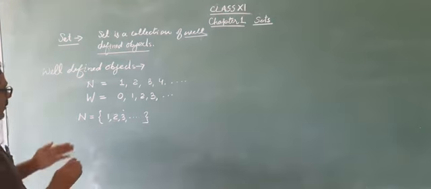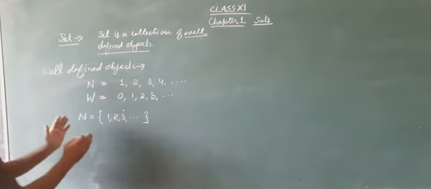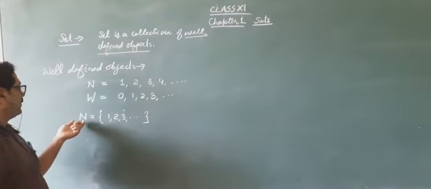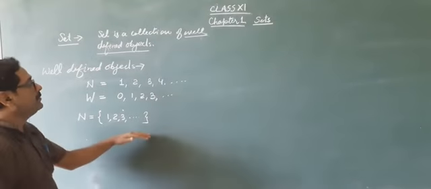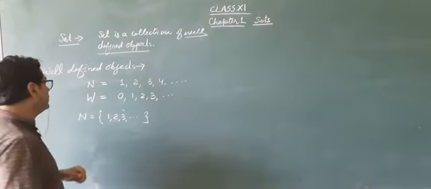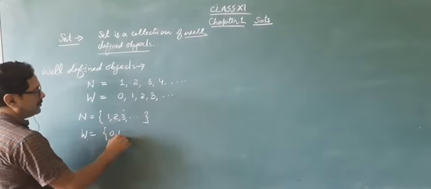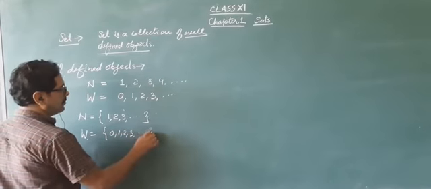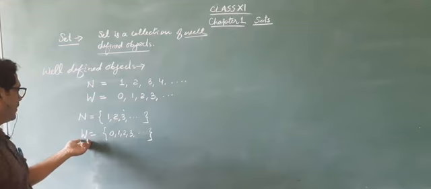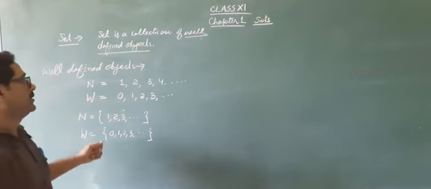If we represent any particular objects in curly brackets, we call it a set. So N is a set of natural numbers. Similarly, 0, 1, 2, 3 and so on. So W shows that it is a set of whole numbers.